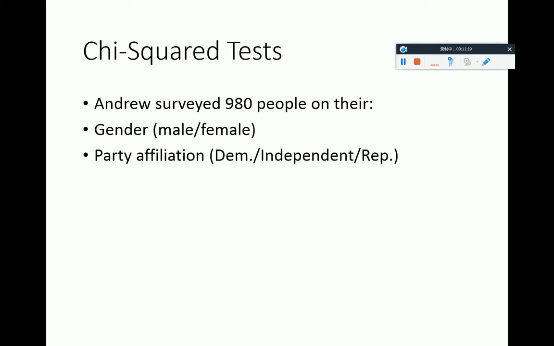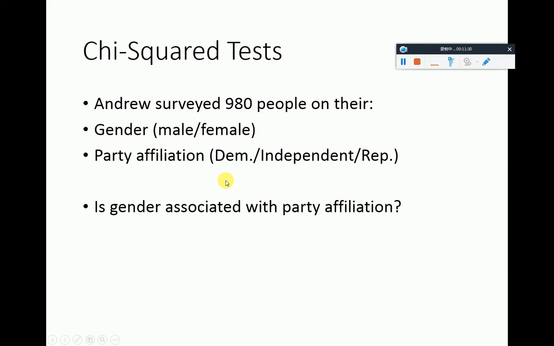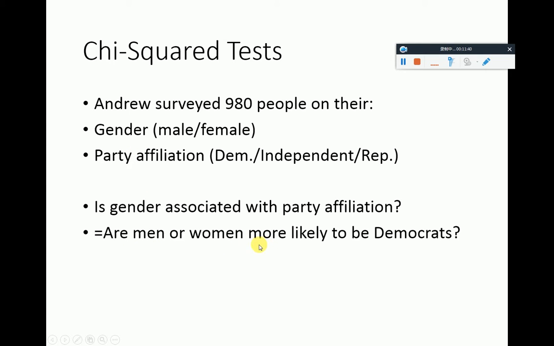Okay. So as we said, these two are both nominal variables, and these are the values of this variable, these are the values of this variable. And the basic question that we could ask is: is there a correlation between gender and party affiliation such that one gender, or either gender, is more likely to be affiliated with a particular party?